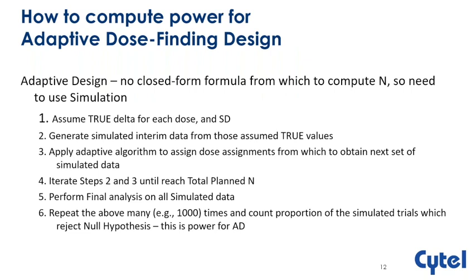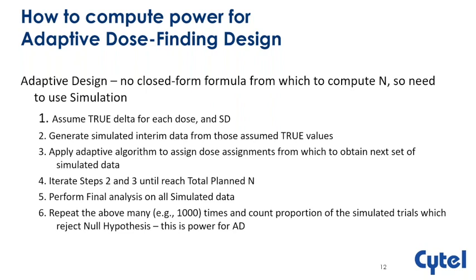So we need to use simulation, and that's carried out via steps as follows. Obviously, we assume a true underlying treatment effect and standard deviation. Then we generate simulated data for the first interim analysis using those assumed true values. Then we apply the adaptive algorithm to assign doses to the next set of data to be simulated.